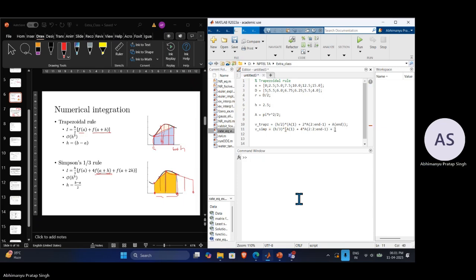Right. And then twice the third element onwards in increments of 2, up to end minus 2.